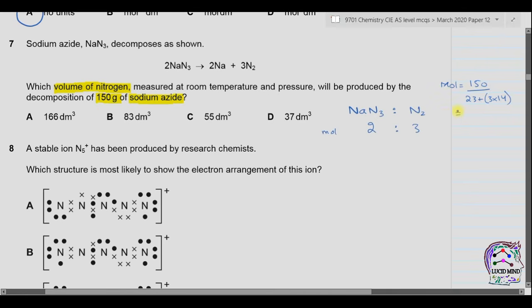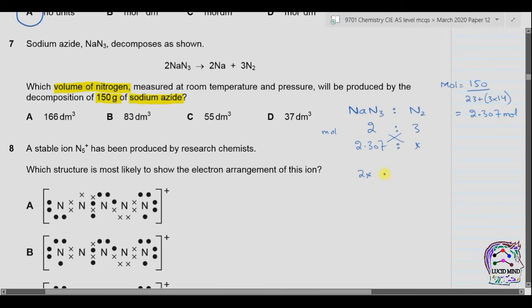So moles is equal to 2.307. So if 2 moles of sodium azide produces 3 moles of nitrogen, then 2.307 moles of sodium azide will produce X moles of nitrogen. Cross multiply, find out the value of X.